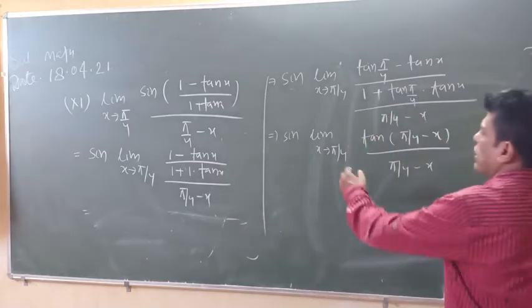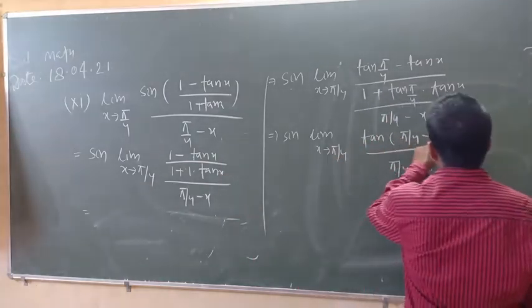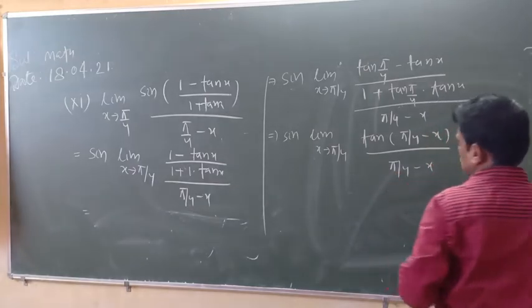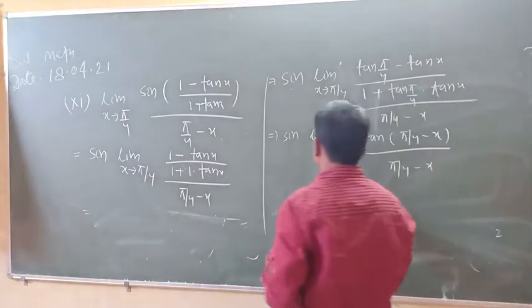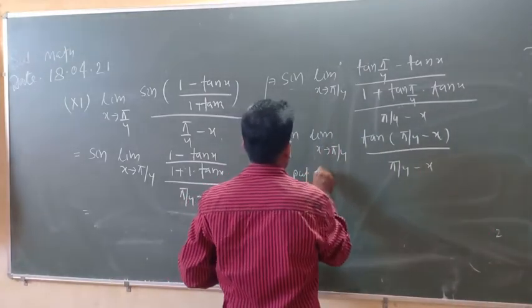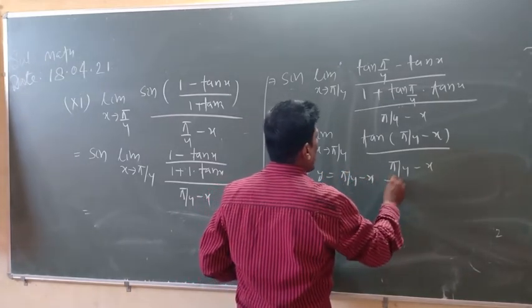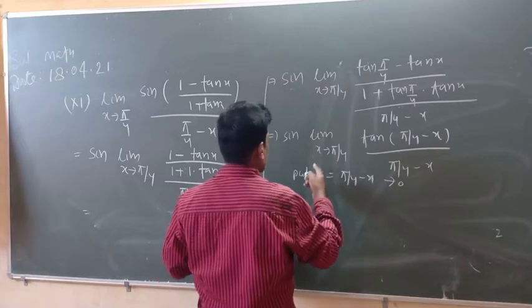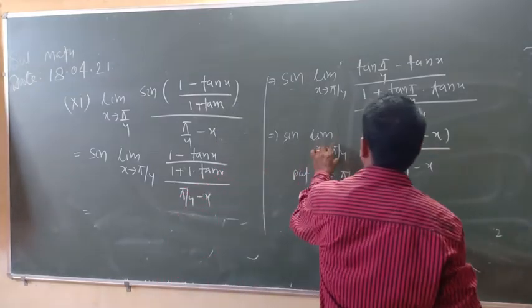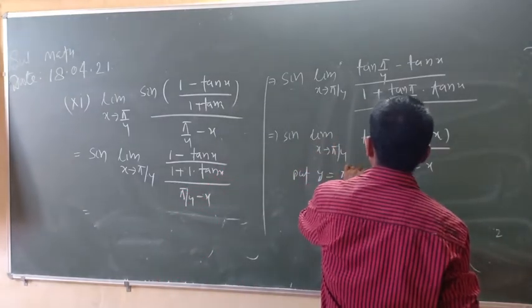Look at this question: x tends to pi by 4, here pi by 4 minus x, and here also pi by 4 minus x. So for the limit transformation, put y is equal to pi by 4 minus x. So y tends to 0, because instead of x you put pi by 4, and pi by 4 minus pi by 4 is equal to 0.